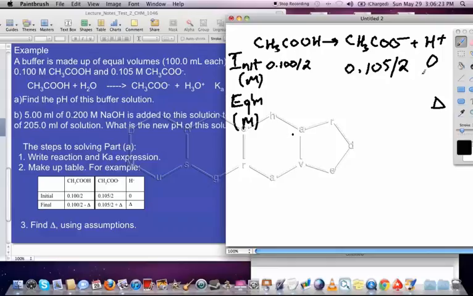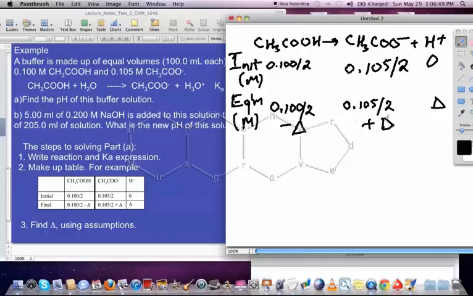But the point is that the concentration of H plus is going to go up. Now the H plus had to come from somewhere. Where did it come from? It came from here, and it was 0.100 divided by 2. Now this will be minus delta. And this one will be 0.105 divided by 2 plus delta.